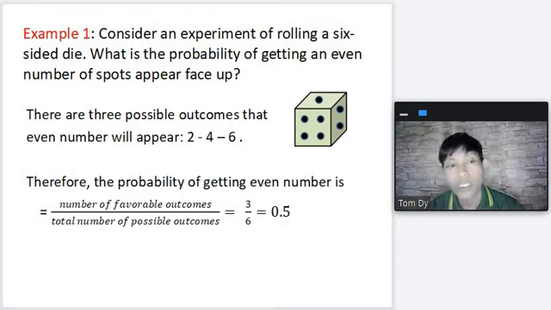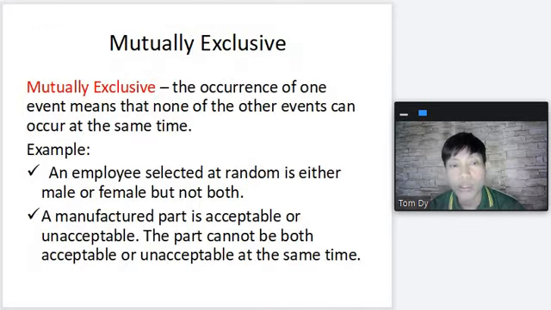Now, in our discussion about classical probability, we have what we call the term mutually exclusive. Mutually exclusive means the occurrence of one event means that none of the other events can occur at the same time. So we have here our example. An employee selected at random is either male or female, but not both.